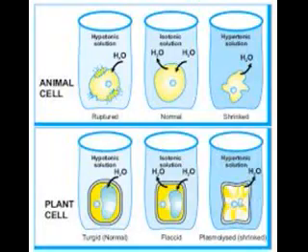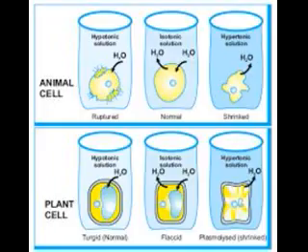What happens when you put a plant cell or an animal cell in hypertonic, hypotonic and isotonic solutions? Hypotonic solution. A solution that is dilute or has more water molecules than what is present in a cell is said to be hypotonic. If an animal cell is placed in a hypotonic solution, water from the solution outside moves into the cell by virtue of osmosis.